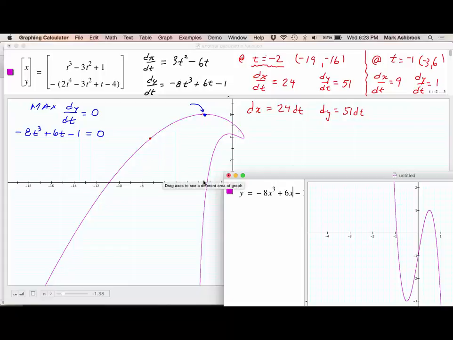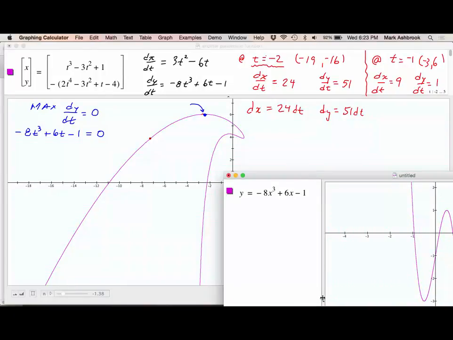Why is it not working here? Did we make a mistake? Are we supposed to be looking at where t is on the maximum on the graph? So this is the x value.